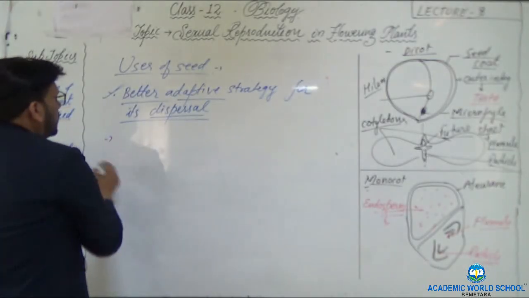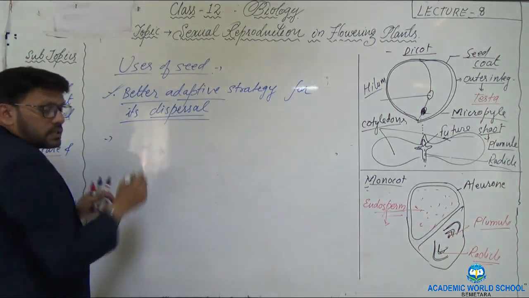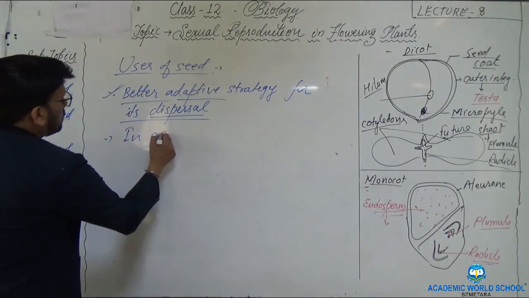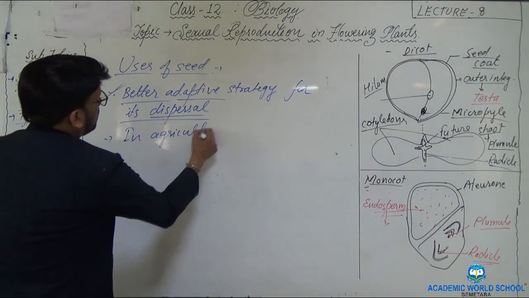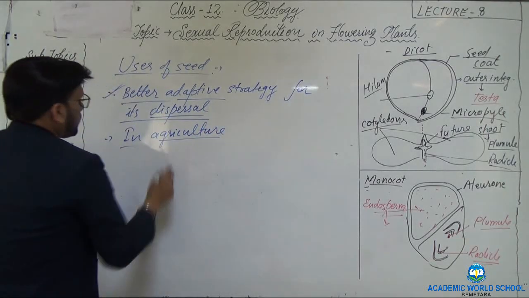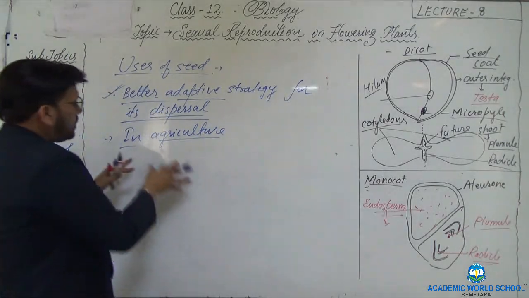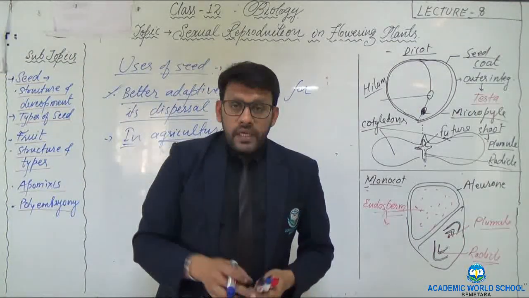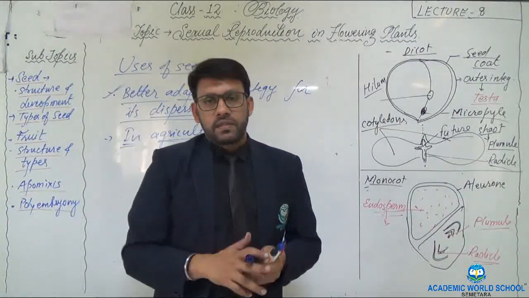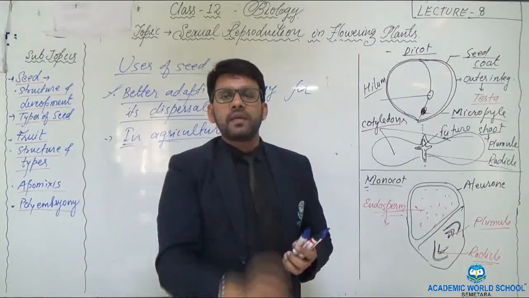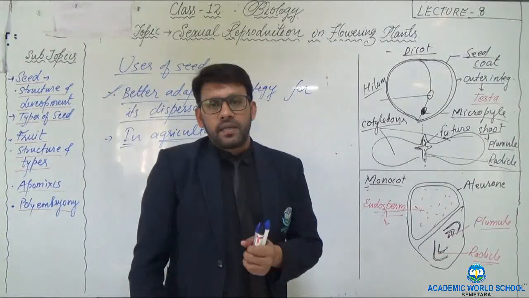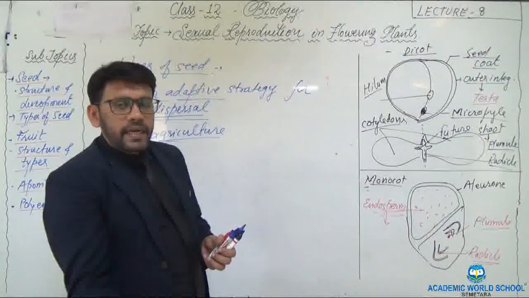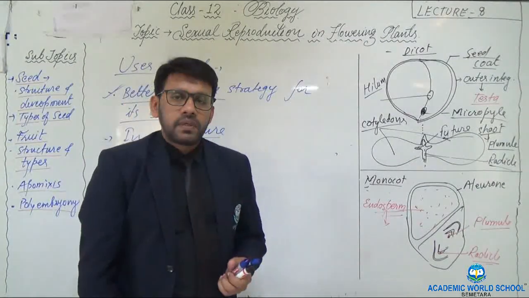Another one, it is helpful in agriculture. You know that farmers grow or sow the seeds. So seeds are the basic requirement in the agricultural field. Seeds are sown, and they develop into the crop.